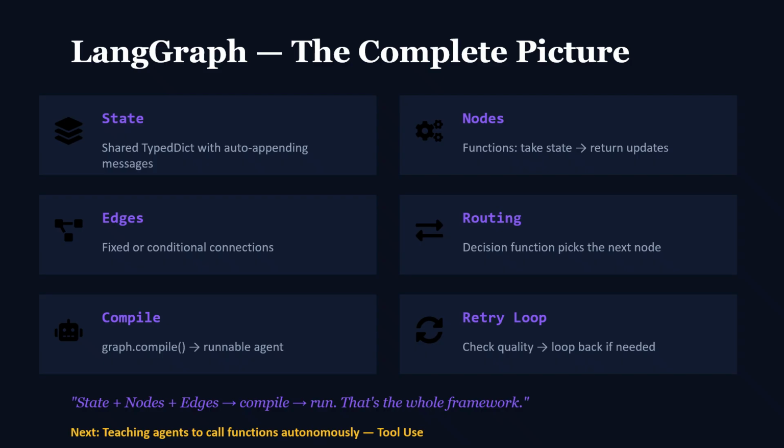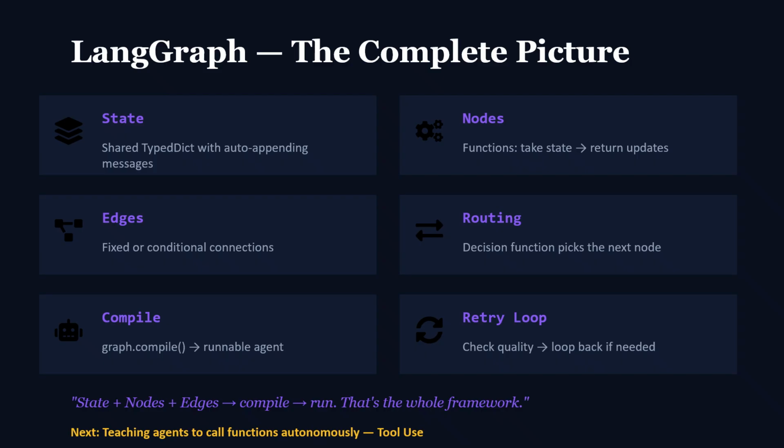Now, let us recap LangGraph. 6 concepts. State is the shared dictionary that flows through the graph with auto-appending messages list. Nodes are Python functions that do the work. Edges are connections between nodes, either fixed or conditional.